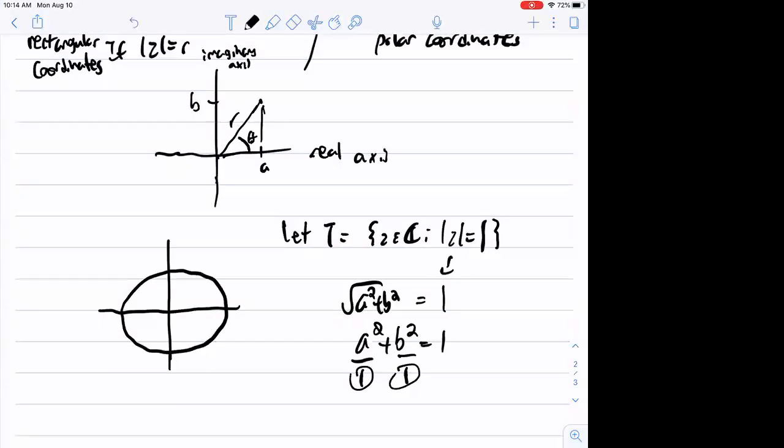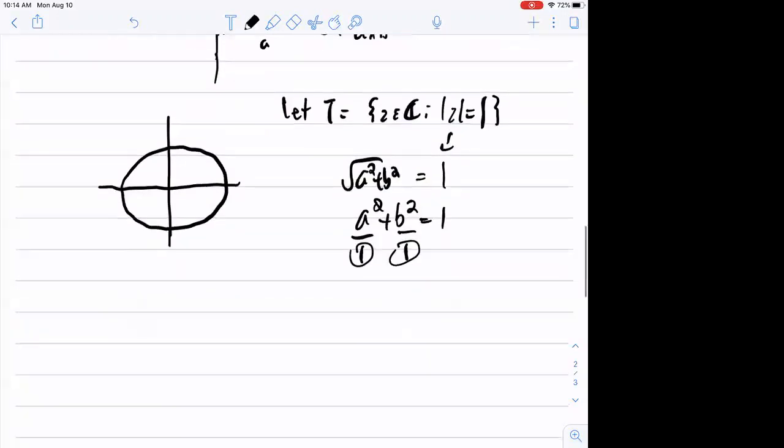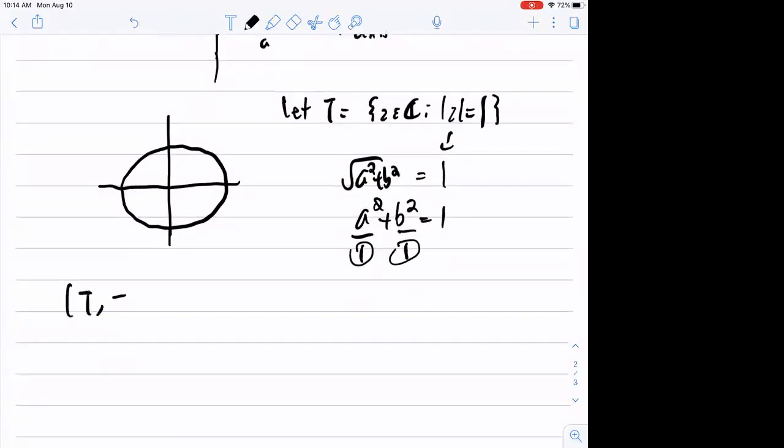And what you're going to see is this forms a group under multiplication, right? So why is that the case?